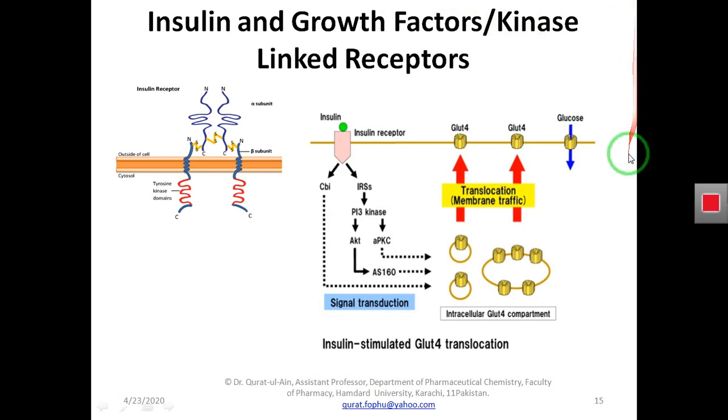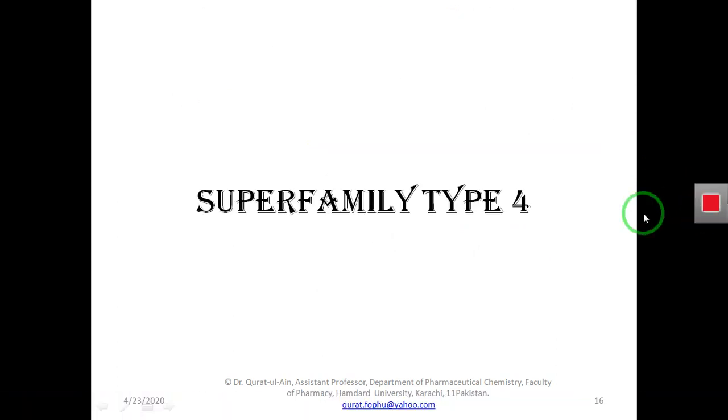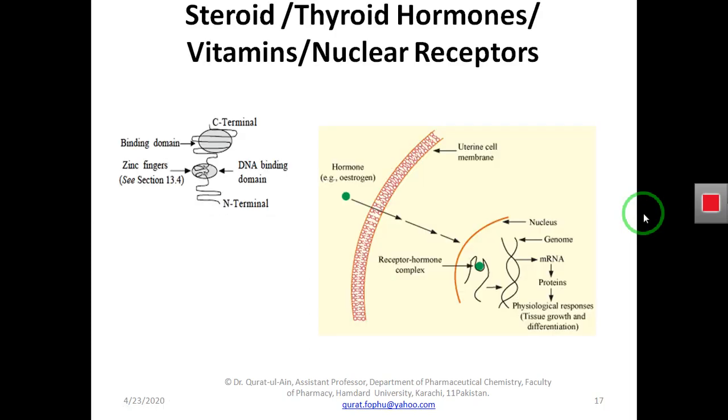So this is how these receptors work, and this is the structure of the type 3 receptor. Now we will study the superfamily type 4 receptors. These are nuclear receptors, and these receptors are also termed thyroid receptors or vitamin receptors, because they bind with hormones or vitamins, and they reside in the nucleus.